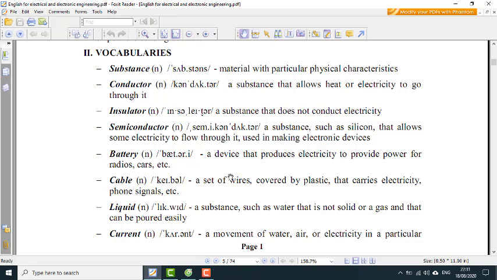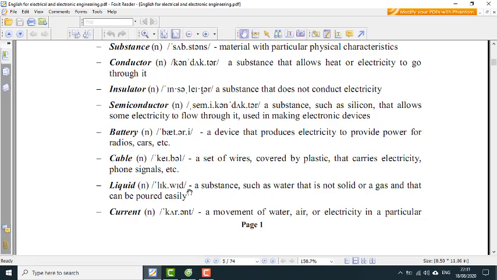Battery. Battery means a device that produces electricity to provide power for radios, cars, etc. Cable. Cable means a set of wires covered by plastic that carries electricity, phone signals, etc. Liquid.